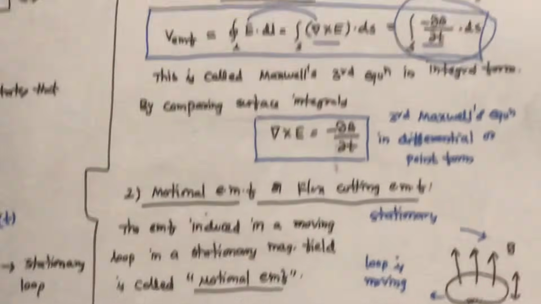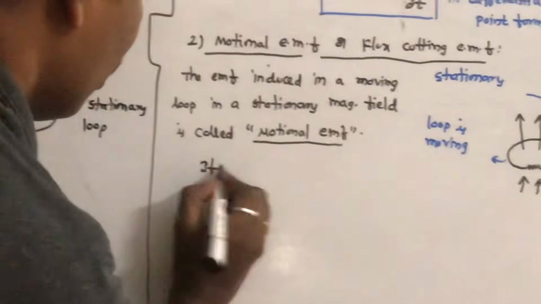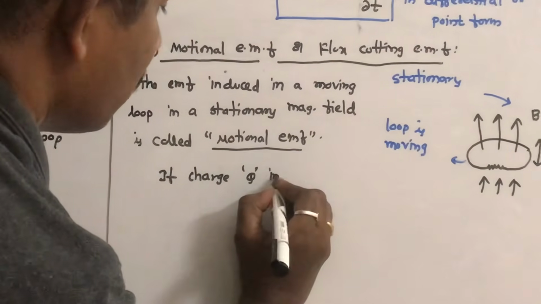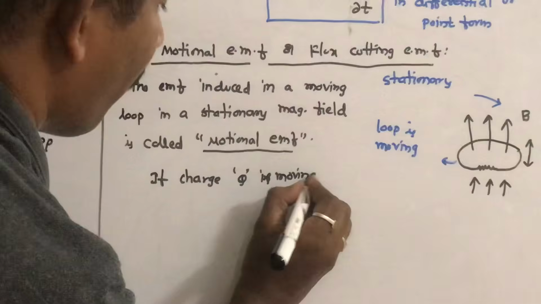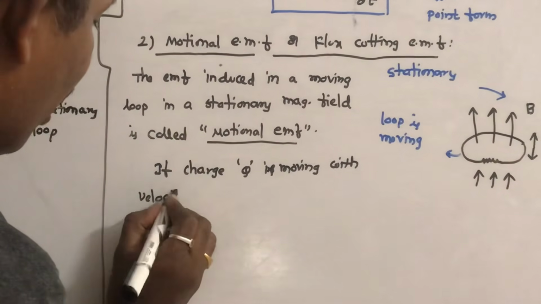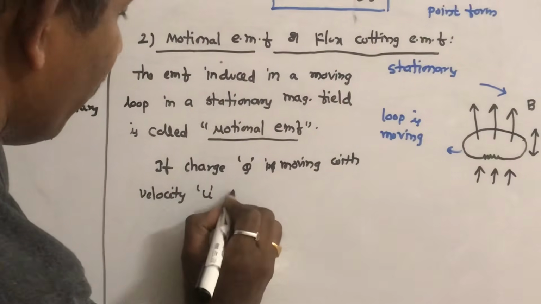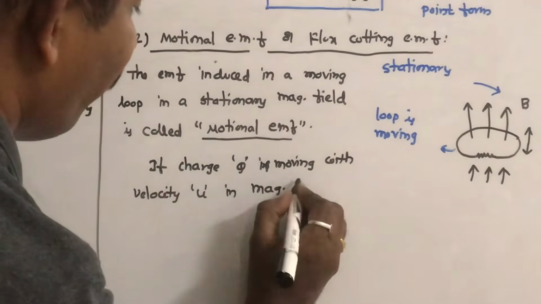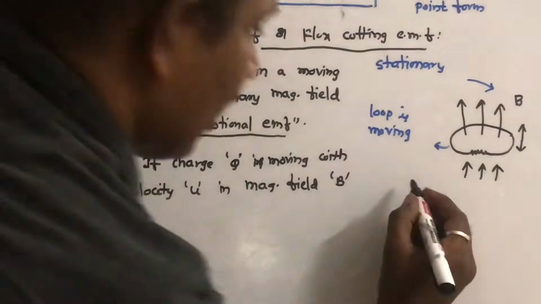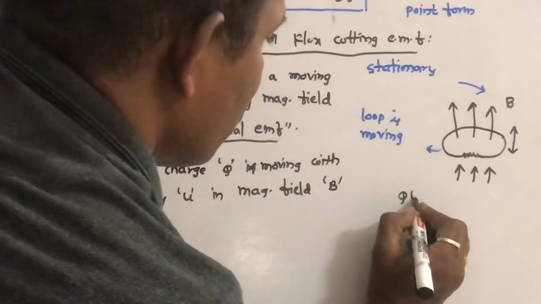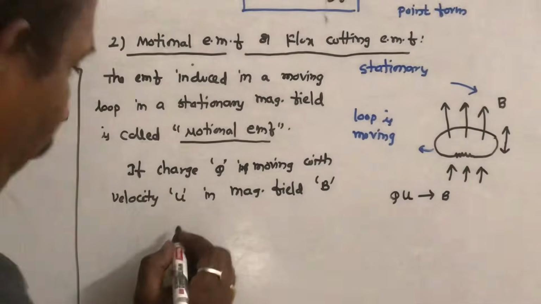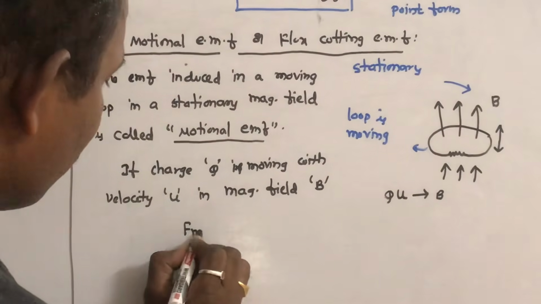Coming to the motional EMF formula, if a charge Q is moving with velocity u in a magnetic field B, what is the force experienced by this charge?